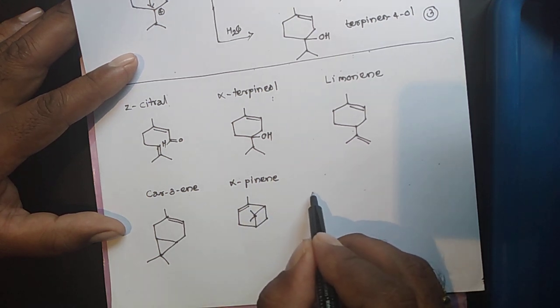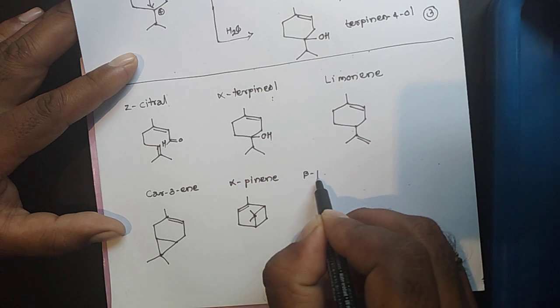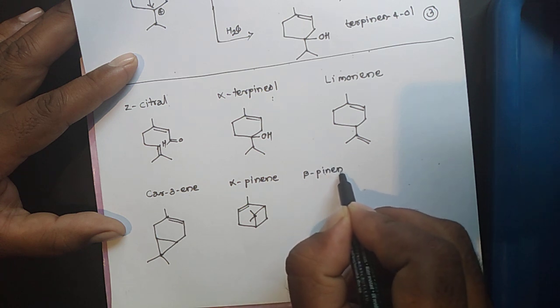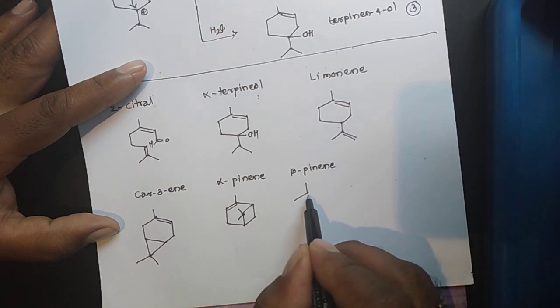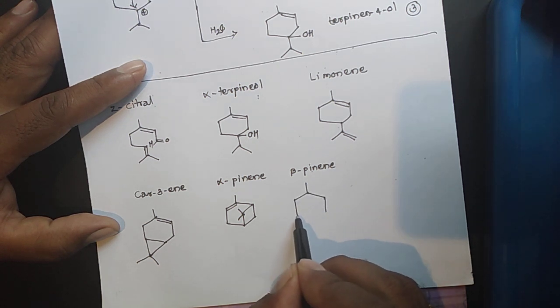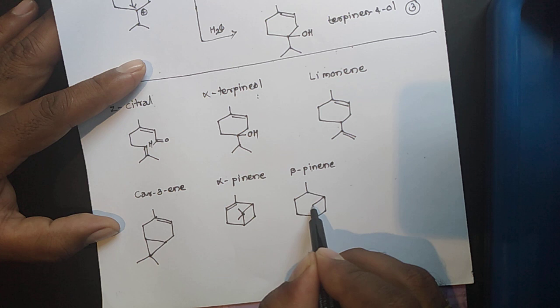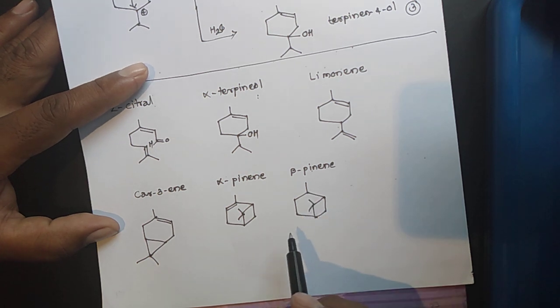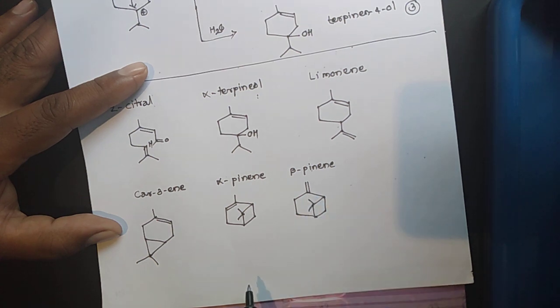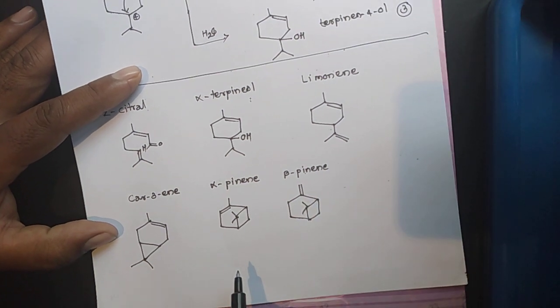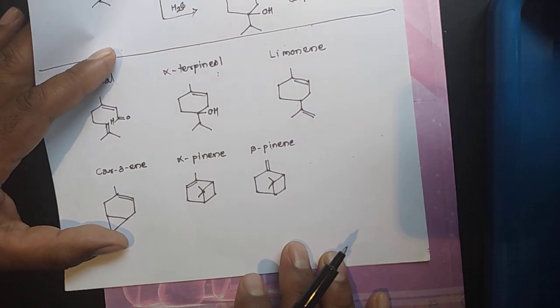And what about the beta now? Beta pinene, how will you write it? The basic structure is the same, and instead of this double bond we have to draw it here. So this is beta pinene.